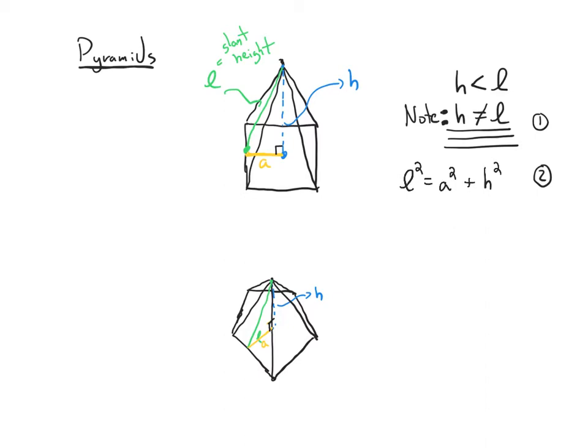And the whole idea here for all of these is we're going to do kind of the same thing that we did in the previous slide when we were talking about prisms. We're going to make this into a bunch of two-dimensional objects, and the way we're going to do it is we're just going to kind of nip out that center there and fold it down.